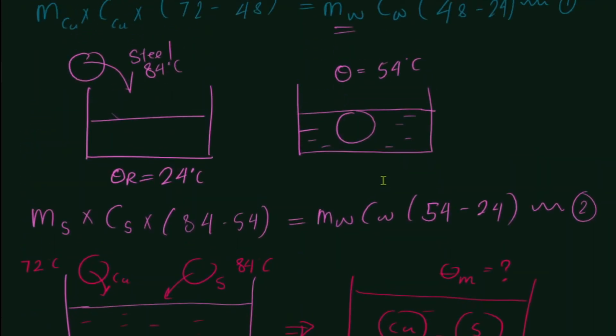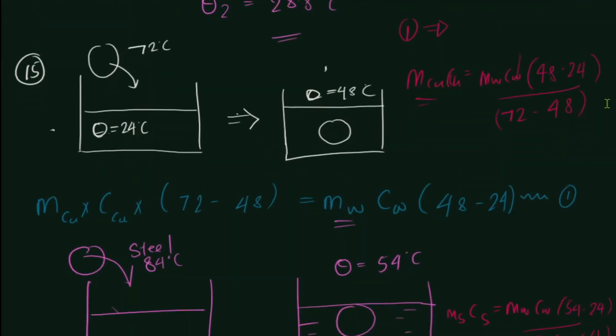Similarly, we can get an expression for m_s c_s, that is m_W c_W times 54 minus 24 over, sorry, it's not m_W c_W, it's going to be 84 minus 54, right?